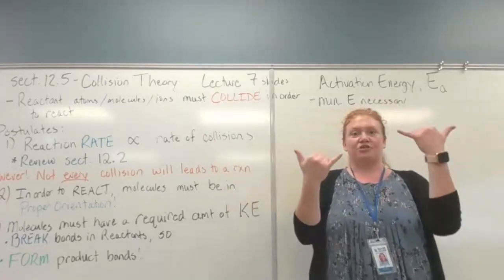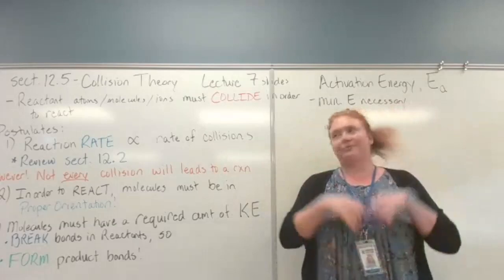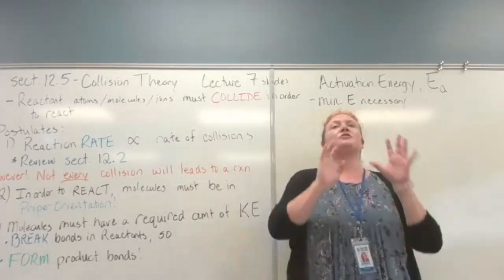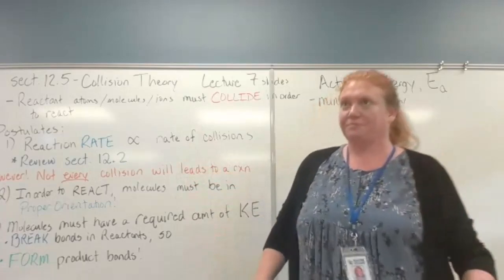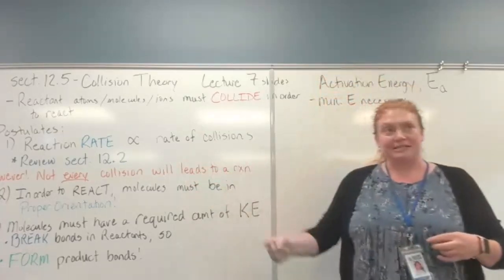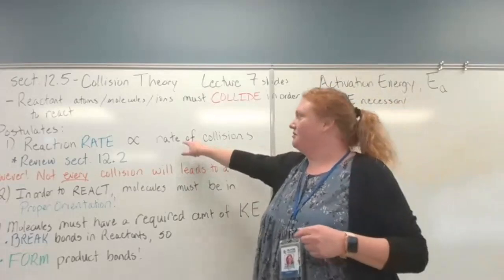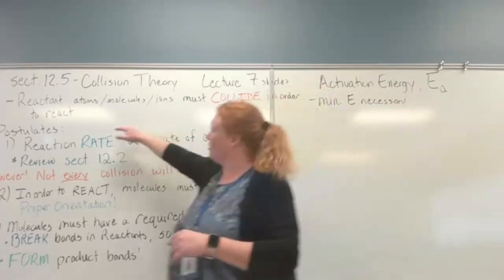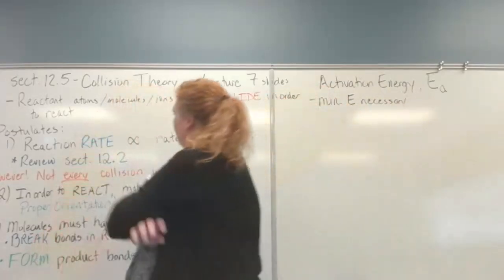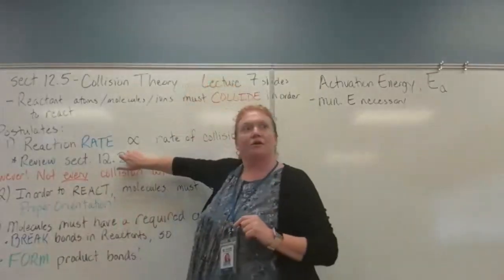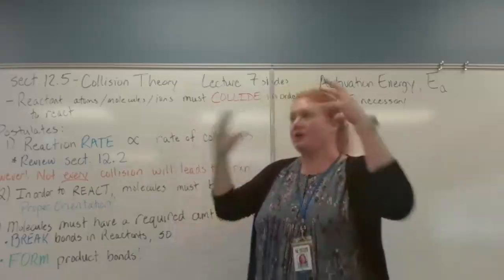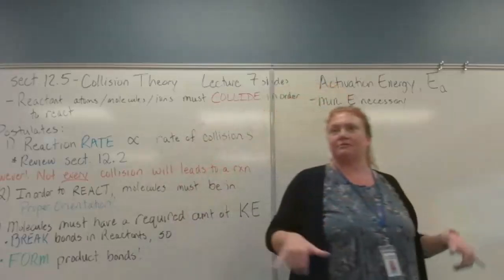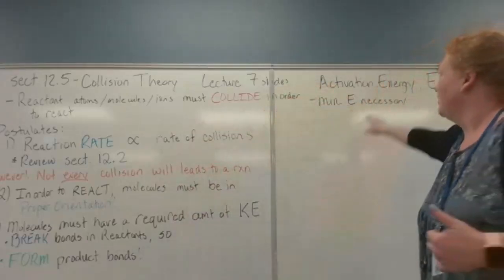What if they have the correct amount of energy, but the wrong orientation? Guess what? No reaction. It's got to be both things. Can you see how that means not every collision is going to cause a reaction? What we're going to see is that we can adjust factors to favor the number that will collide properly. Okay, we can do that.